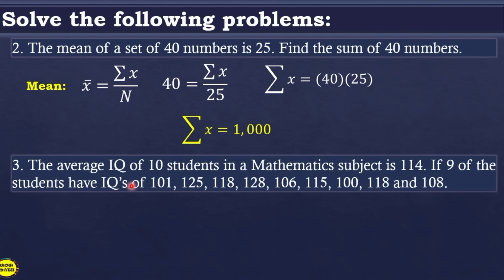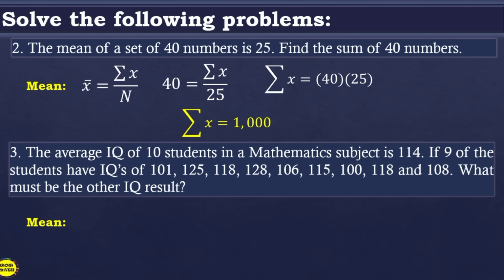Okay? Another problem. So, the average IQ of 10 students in mathematics subject is 114. If 9 of the students have IQ of 101, 125, 118, 128, 106, 115, 108, 100, 118, and 108. So again, what must be the other IQ result?